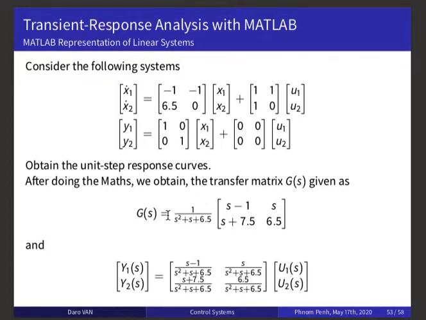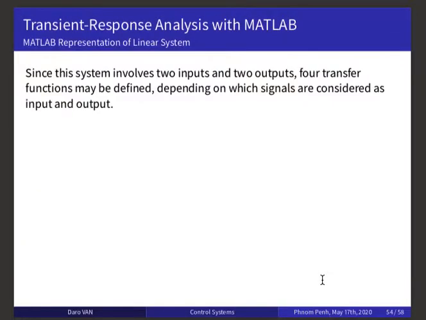So you have this G(s) given by this in the s domain. G(s) is a ratio between the output and the input, right? You have two inputs, U1 and U2. Since the system involves two inputs, it also has two outputs.